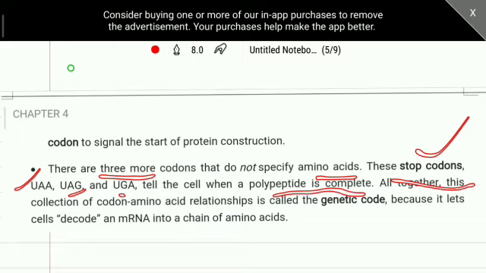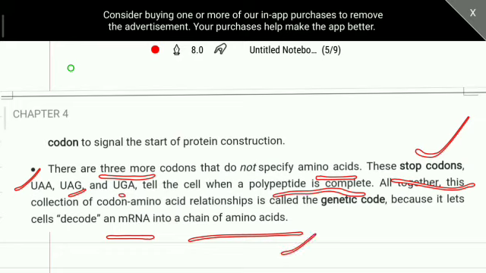Altogether, what could we say? The genetic code is a collection of codon and amino acid relationships, because it lets the cell decode an mRNA into chains of amino acids.